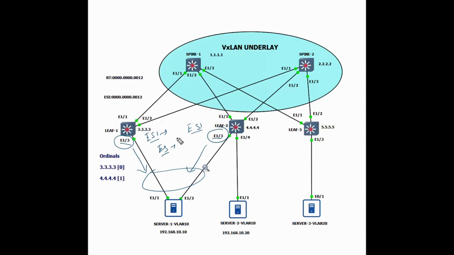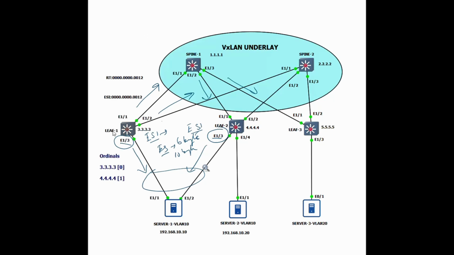It's a 6-byte value that we configure, but the system software generates a 10-byte value from the 6-byte value that we configure, and it will be advertised towards the spines, so spine 1 and spine 2, which in turn will be advertised to the other leaf switches for the purpose of discovery in the Ethernet segment route, or route type 4.